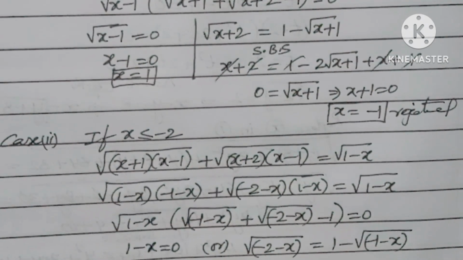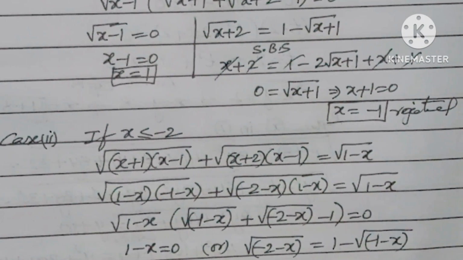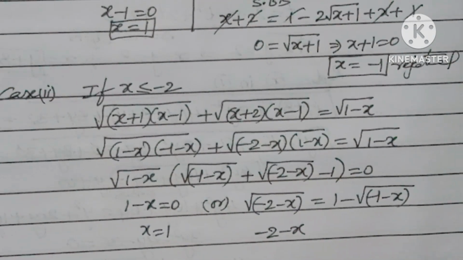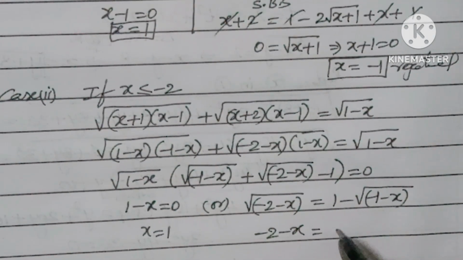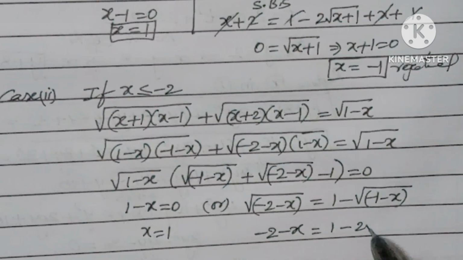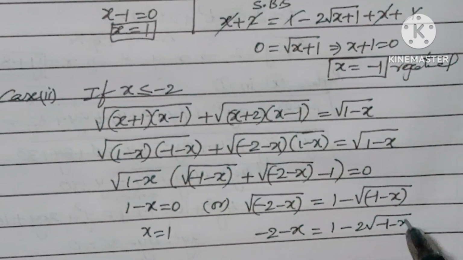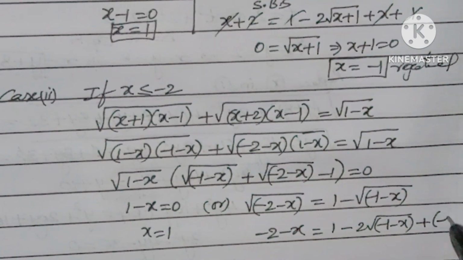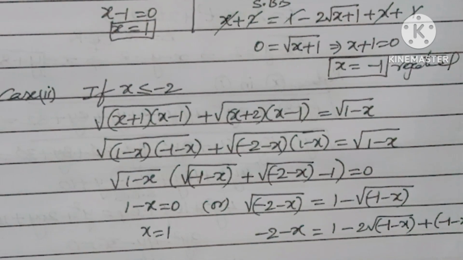So here x is equal to 1 is not possible in this case. Minus 2 minus x is equal to 1 minus 2 root of minus 1 minus x plus minus 1 minus x.